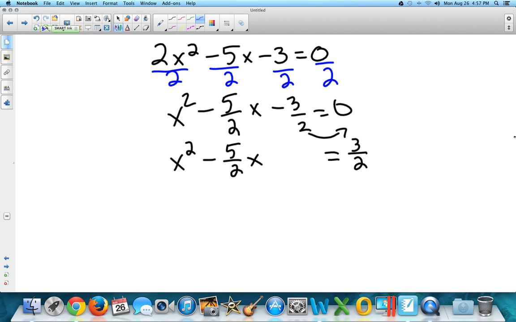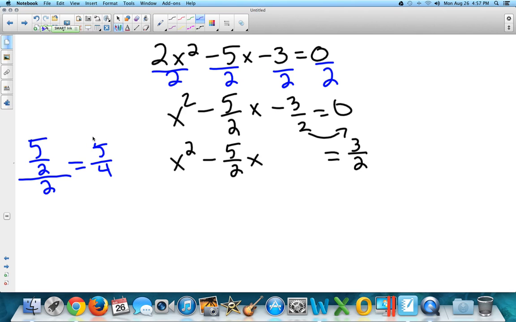Next, I'm going to do like what I did before. I'm going to take my middle term, which in this case is negative 5 over 2. I can ignore the negative for this part. So I'm going to do 5/2, and I'm going to divide that by 2. And when I do that, I'm really going to end up multiplying by 1/2. So this actually comes out to be 5 over 4.